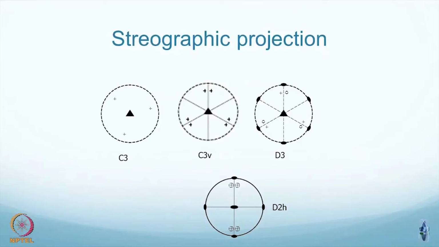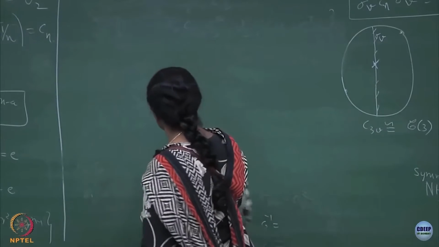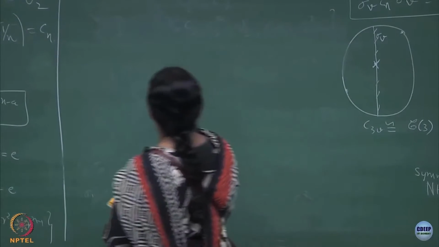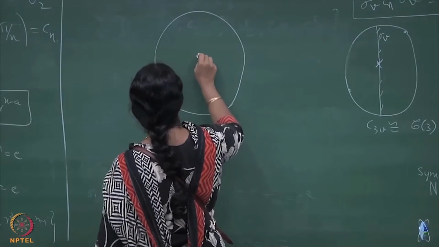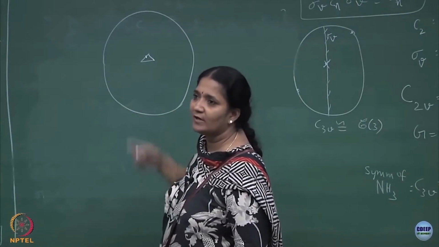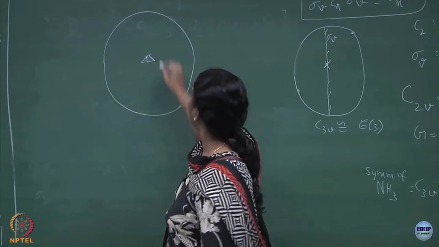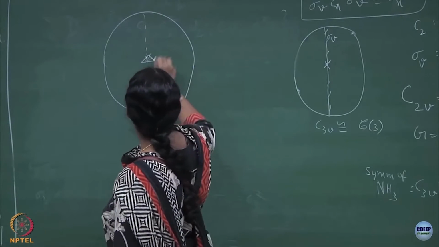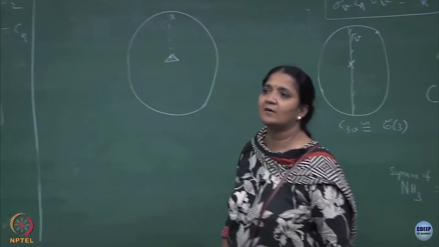C3V. So, let us do it, maybe that will clarify for you. So, you have the axis which is the threefold axis of rotation, which is sometimes denoted universally as a triangular point at the center, and then you take either a filled circle or call it as a cross.